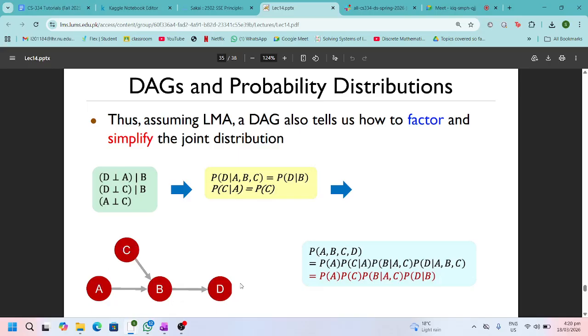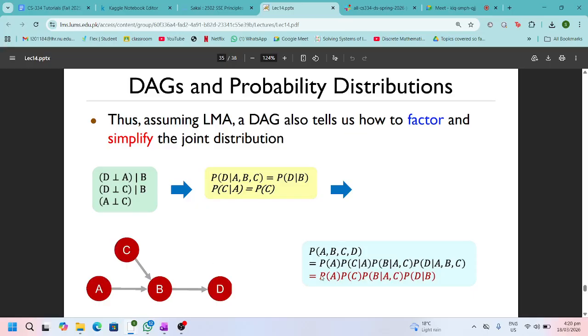Because if you're given a graph, you should be able to state the simplified probability distribution for that graph. So the thing is कि the first step you follow is कि you're gonna state the roots. Roots are those nodes जिनके कोई parents नहीं है. In this case, A and C. A and C के कोई parents नहीं है.